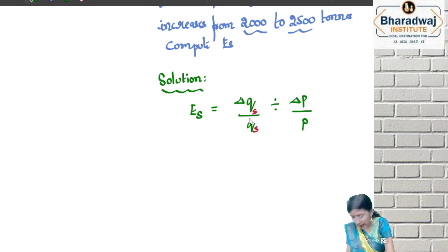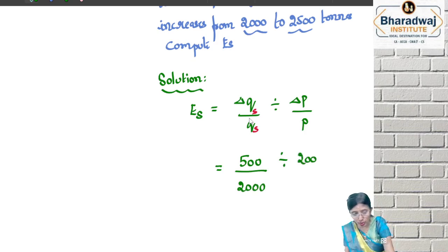So what is the delta Q here? The tons of sugar increases from 2,000 to 2,500. So it is 500, and Q stands for original quantity, 2,000, divided by, what is the price difference? 2,000, isn't it? 2,000 is the price difference, and it increases from 8,000 rupees.